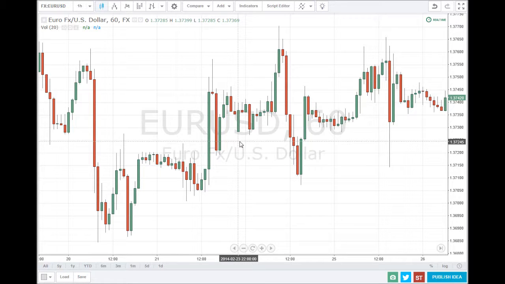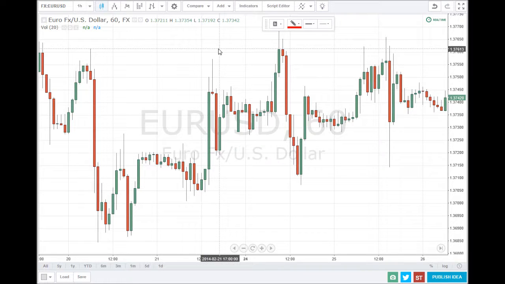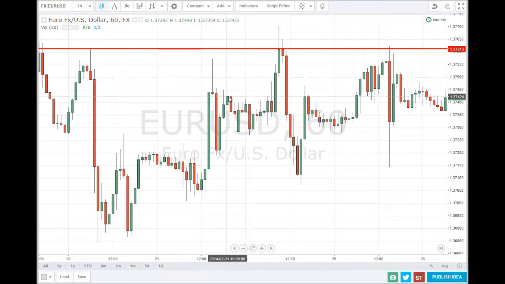First of all, let's look for any potential horizontal support and resistance. The first thing I notice is there are a number of clear rejections at the top of this chart. So let's mark that with a horizontal resistance. We have a reversal of price here, a number of rejections here and also here.